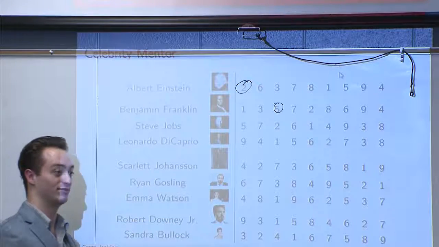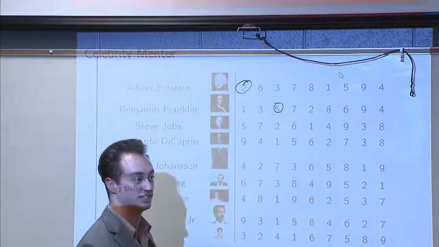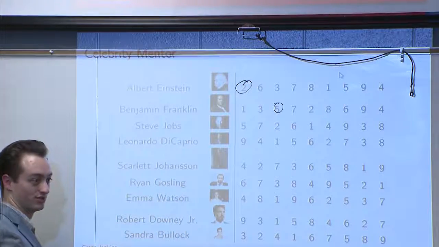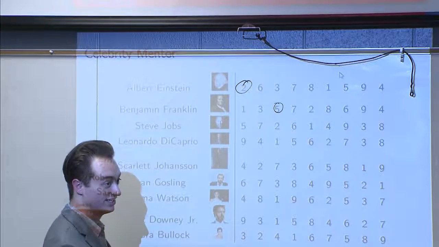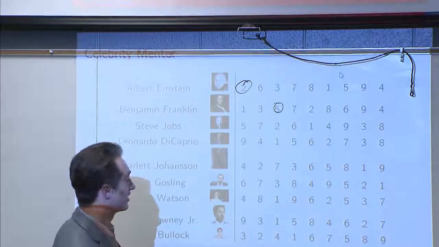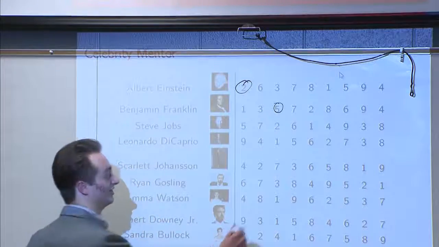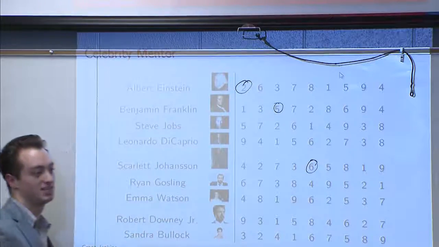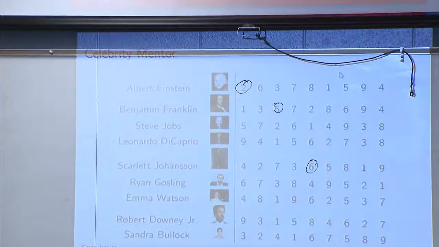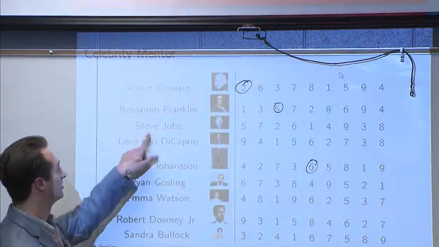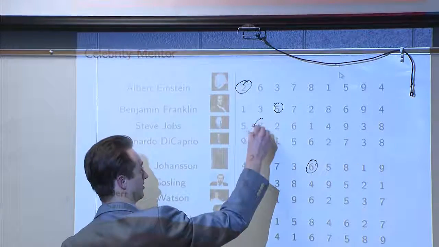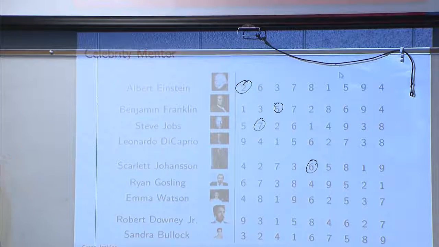John Doe, number six. Was that an SJ for Steve Jobs as well as the other ones? SJ is... Oh, Scarlett Johansson? Scarlett Johansson. All right. So John Doe, number six, wants Scarlett Johansson the most. So we circled the six. And then John Doe, number seven, wants Steve Jobs. So Steve Jobs, number seven, right here.